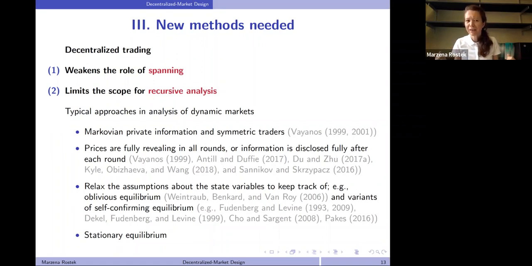Modeling decentralized markets requires, by definition, that we relax various symmetry assumptions on traders' objectives, the market structure, the information structure, and so on. But heterogeneity makes recursive methods inapplicable in dynamic models of markets, at least with standard strategies used in markets.